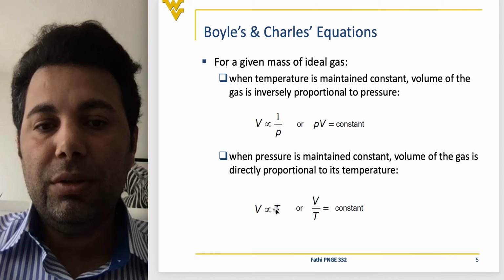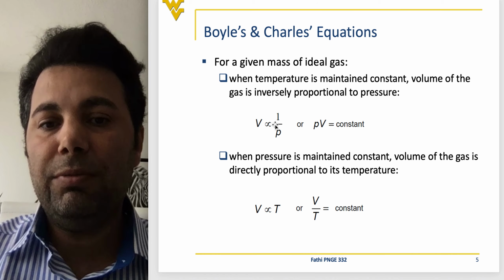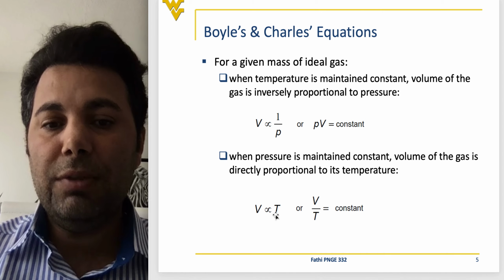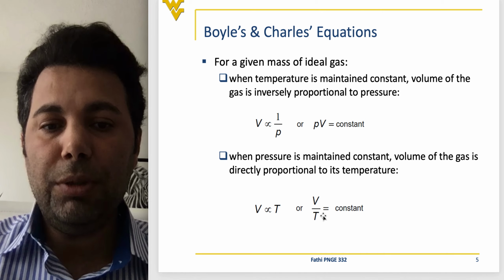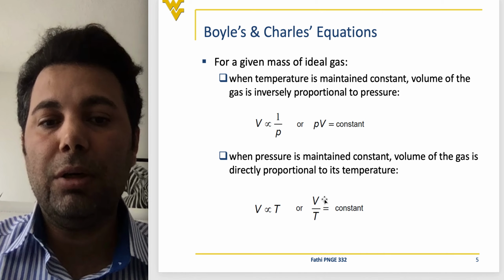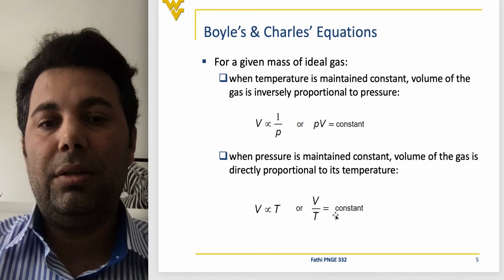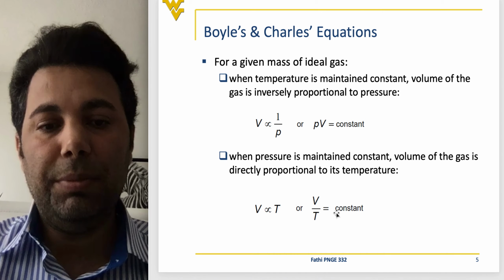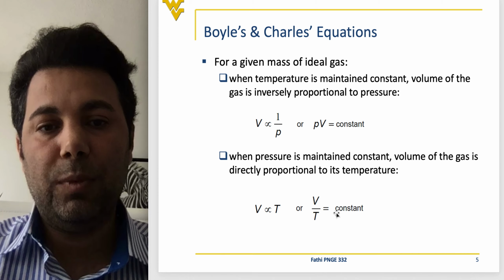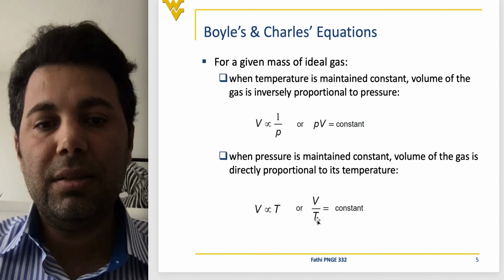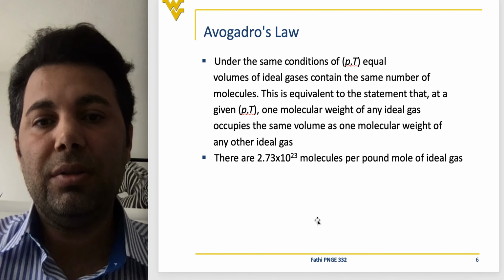So volume directly relates to temperature, and inversely relates to pressure. This direct relationship can again be converted to equality using a constant. So V over T becomes equal to a constant. PV is constant, V over T is constant.